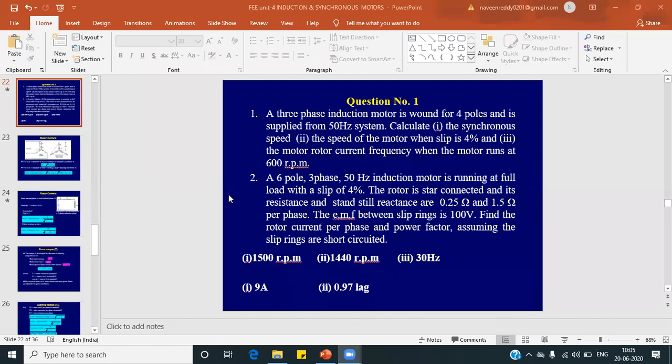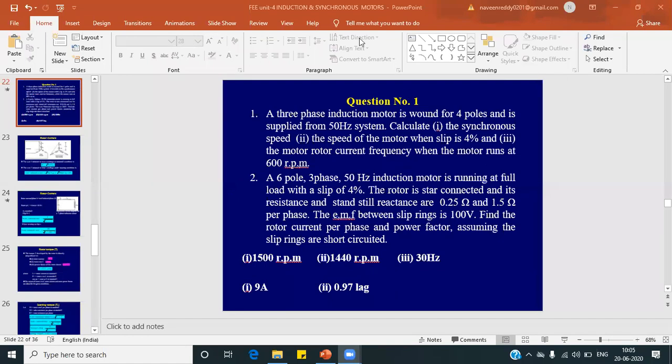There is no such armature winding terminology here. We just have stator winding and rotor winding. As for synchronous speed and relative speed, the question is not that clear. You could ask me on WhatsApp also.